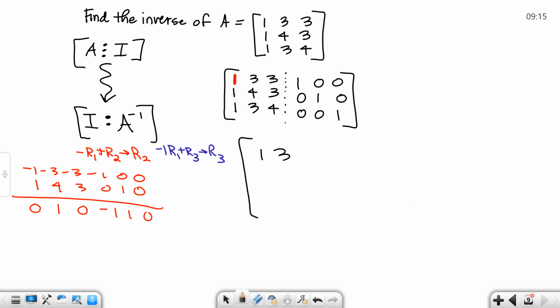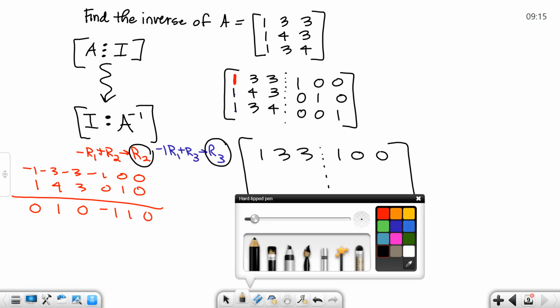Lots of things are canceling out. Okay, so that's the red one's going to be my new row 2. I'm not going to put it in just yet, but remember that we're not changing row 1 yet. Row 1's okay. We're using row 1 to get the other rows, but we're only physically changing row 2 and row 3. Those are the only ones we're changing in this step.